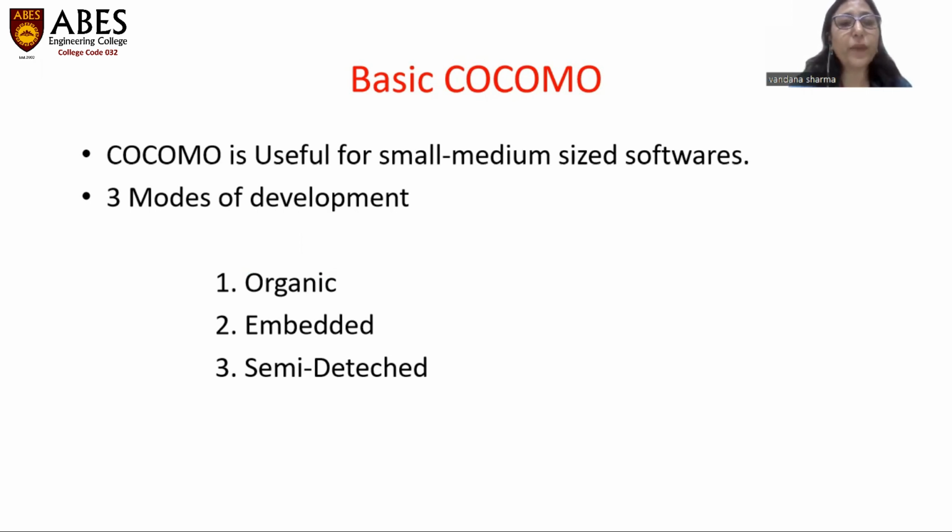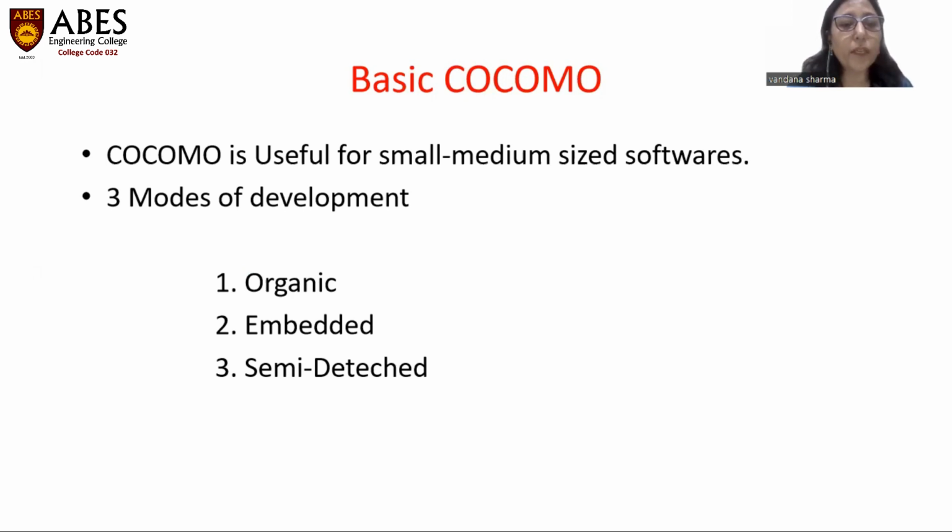Three modes of development are used here: organic, embedded, and semi-detached. These models are used to develop the software and to estimate the cost, time, effort, where time means development time, as well as average staff size and productivity.